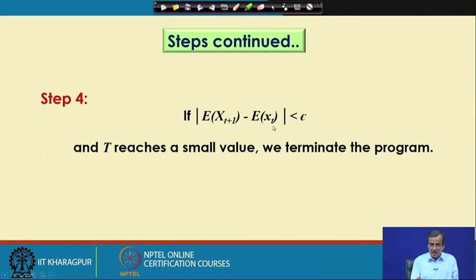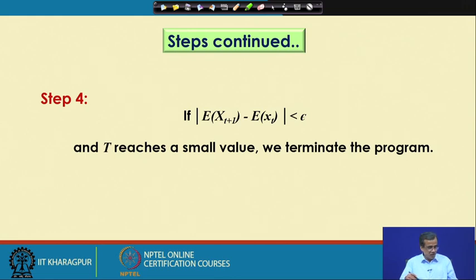So, if the mod value of this difference is found to be less than epsilon, and if t reaches a small value, we terminate the program. So, this is the way this particular algorithm works. This algorithm is very fast, and here there is no operator like GA crossover, mutation and that type of thing, so compared to GA, it will be faster.